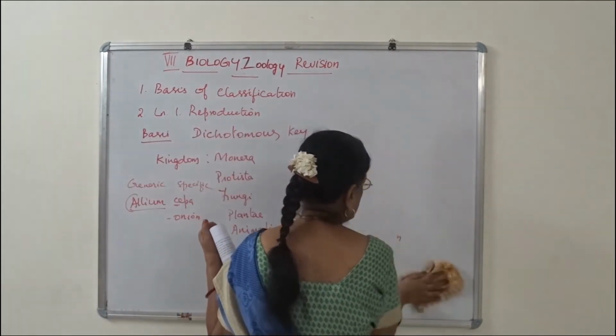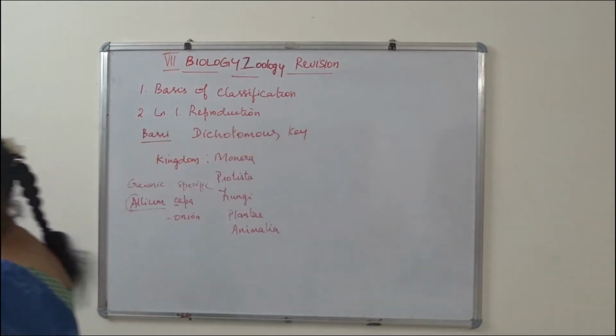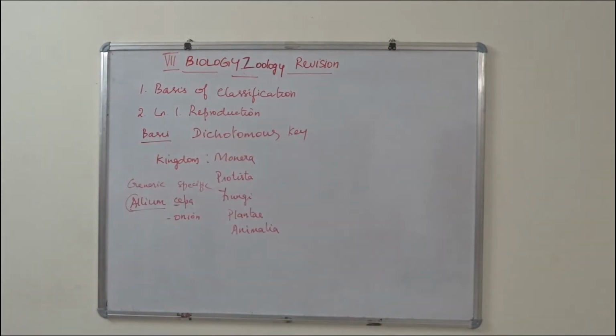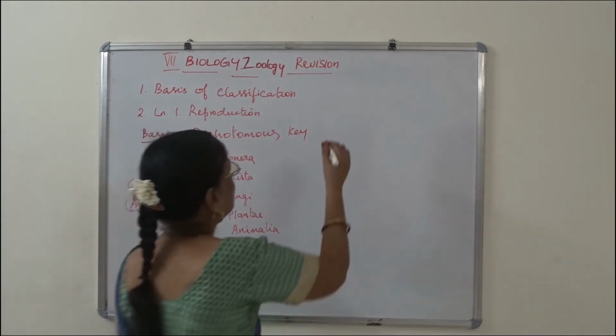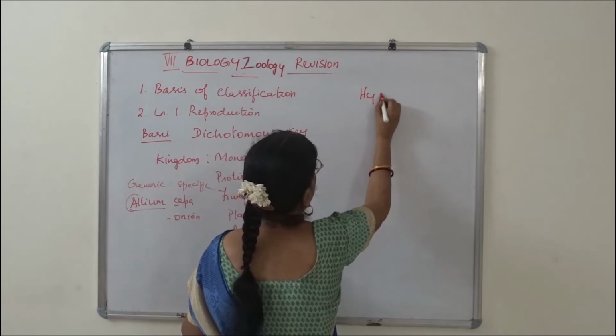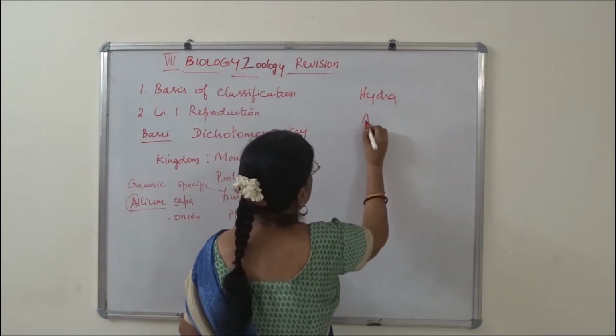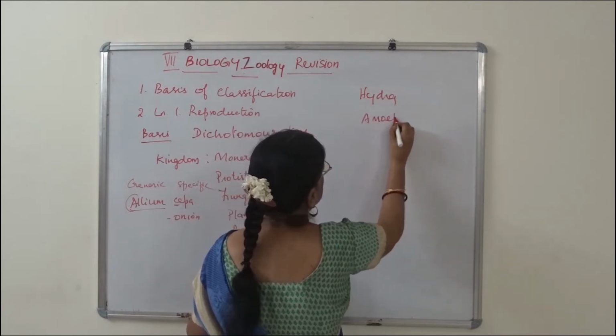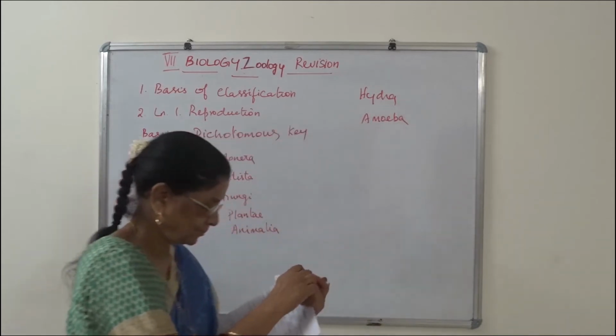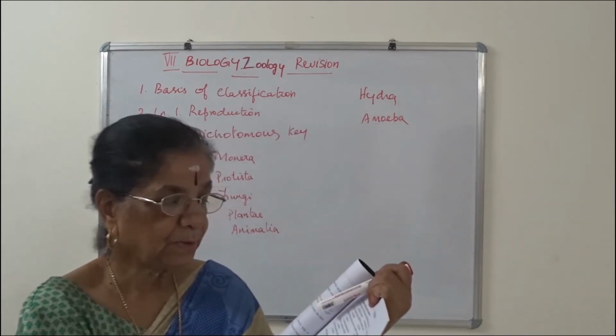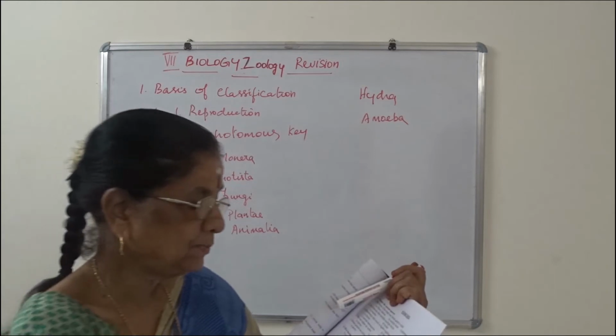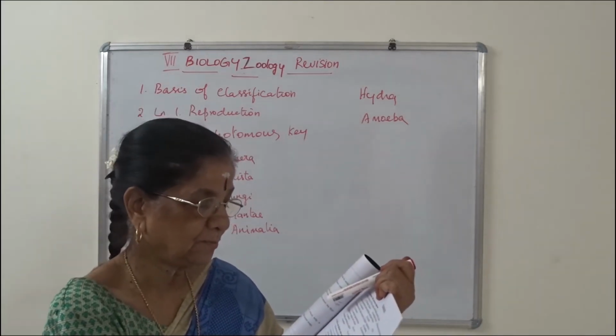How do you write the spelling for Hydra? Hydra. Then the second one, amoeba. Amoeba is an example for an organism exhibiting multiple fission.